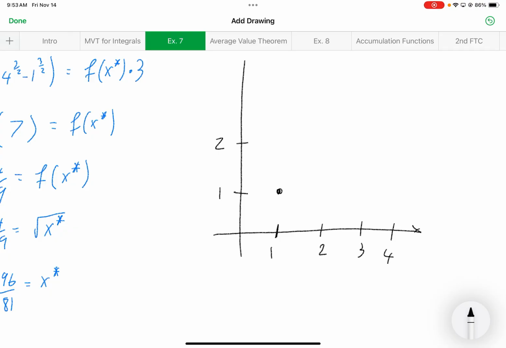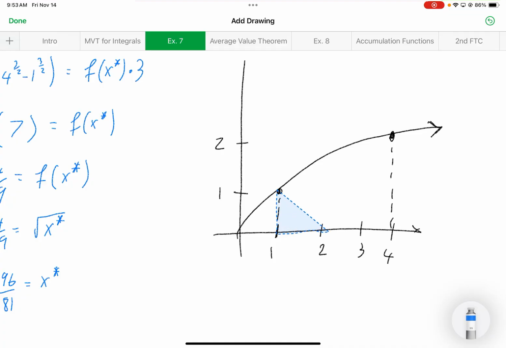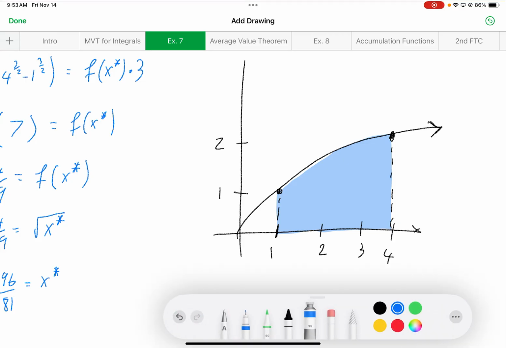So we would have 1, 1, and then 4, 2. So my function is going to look something like this right here. All right, so then my area is going to be there. So that's my area under my curve.